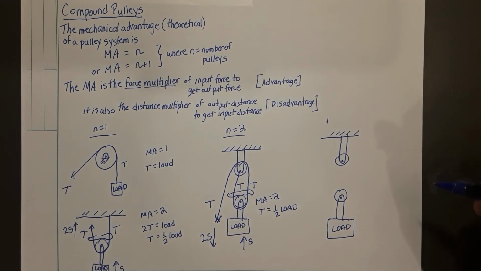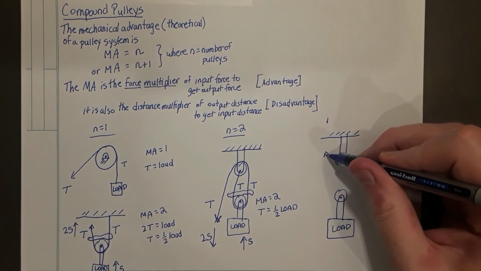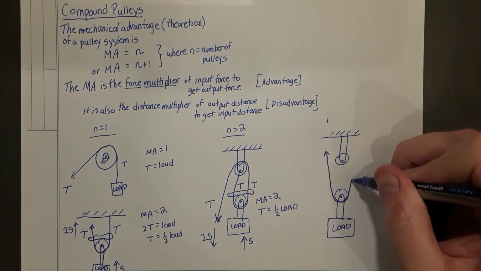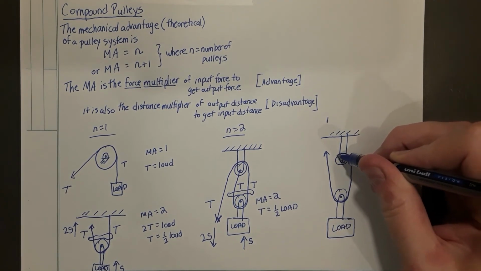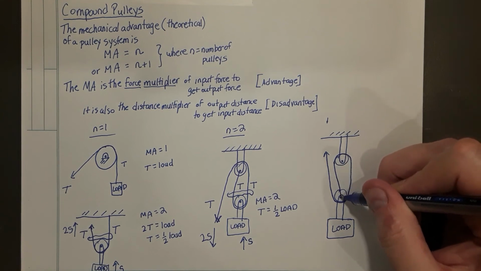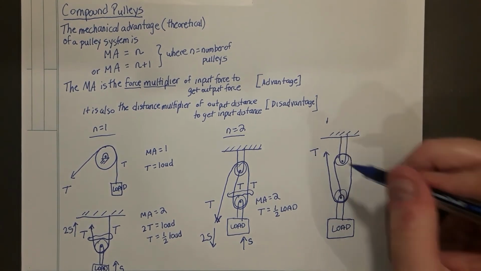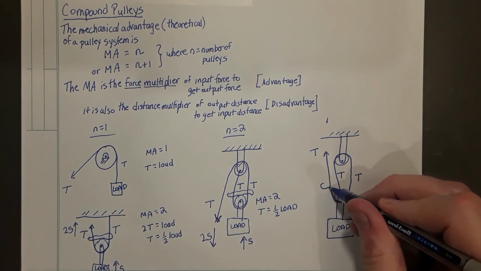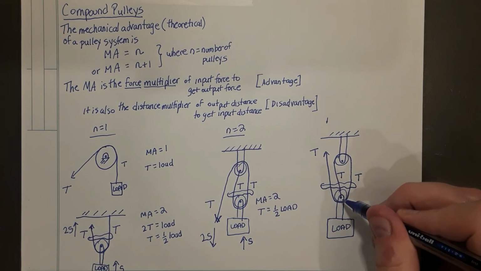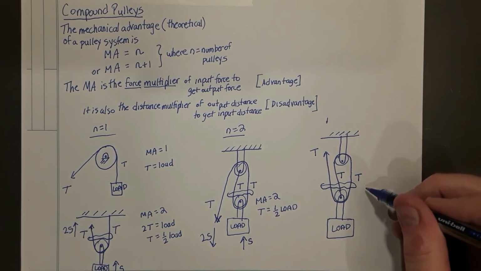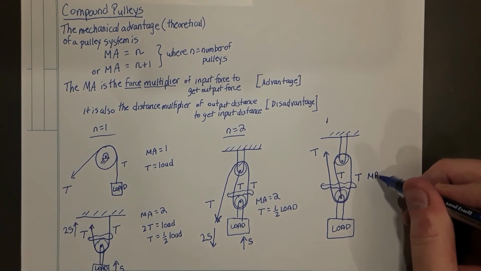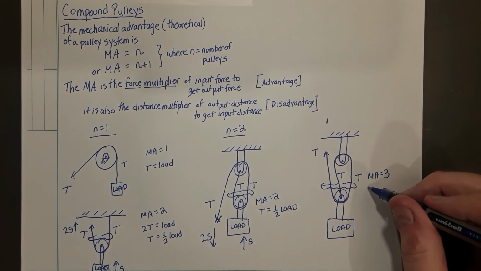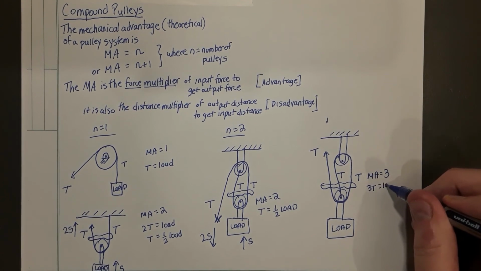And if I just change the way in which I run my cable, if I pull up on that pulley that's attached to the load, wrap it up around the stationary block pulley and back to the movable load, this cable tension is T, this cable tension is T, this cable tension is T, and if you add them up, the number of cables that are pulling directly up on this load is 3T. So the mechanical advantage is 3, and 3 tensions is going to be equal to that load.